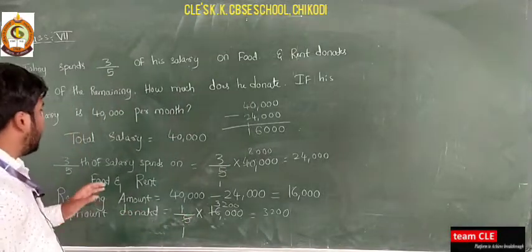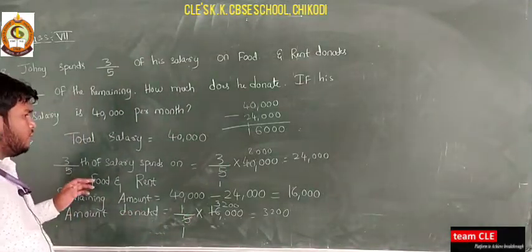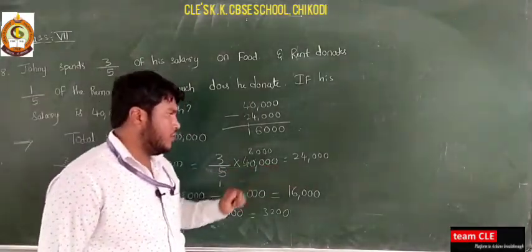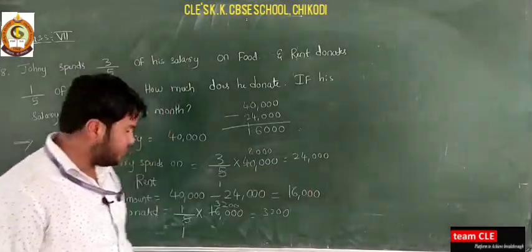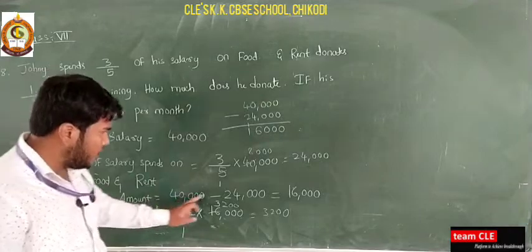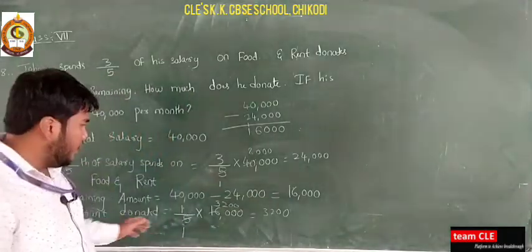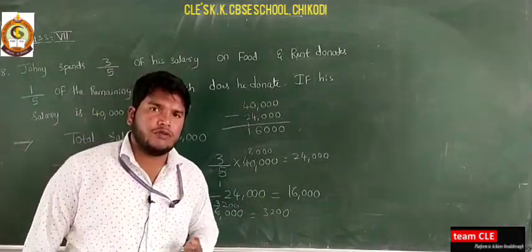So in conclusion, on food and rent he spends 24,000, the remaining amount is 16,000, and the amount he donated is 3,200.